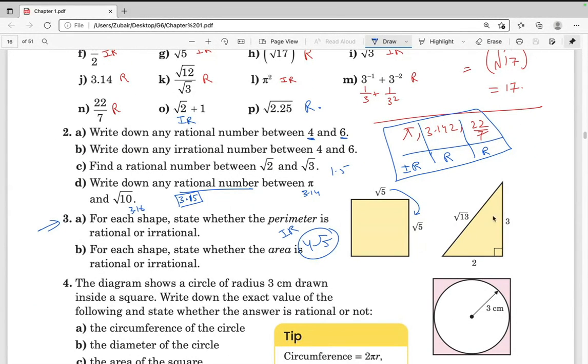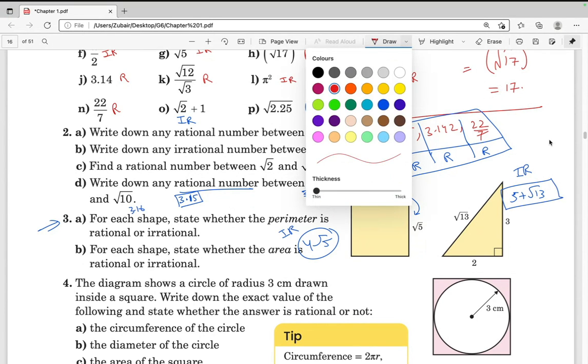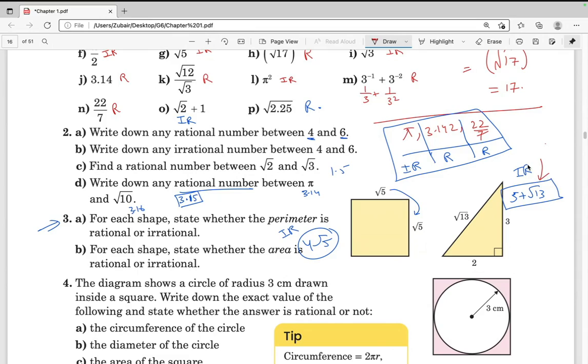Square root 13, 3, 2: when we add all these again, we get 5 plus square root 13. Overall, is this number rational or irrational? Irrational, because square root 13 is a non-perfect square number.